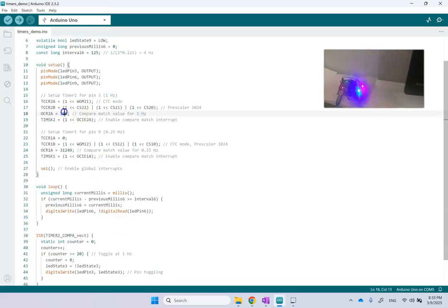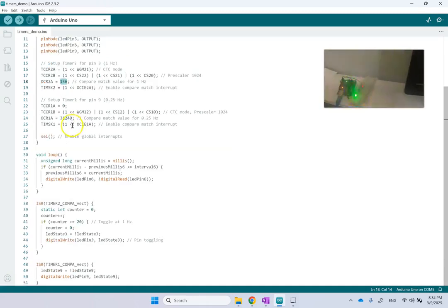And since timer 2 only goes to 255, the lowest frequency I can get out of timer 2, if I use the highest prescaler, which is 1024, and I use my maximum number, which is 255, the slowest timer 2 can go is a little bit more than 30 hertz. I can never get anywhere close to that 1 hertz that I want, so I have to count a specific number of counters so I can reach that 1 hertz.